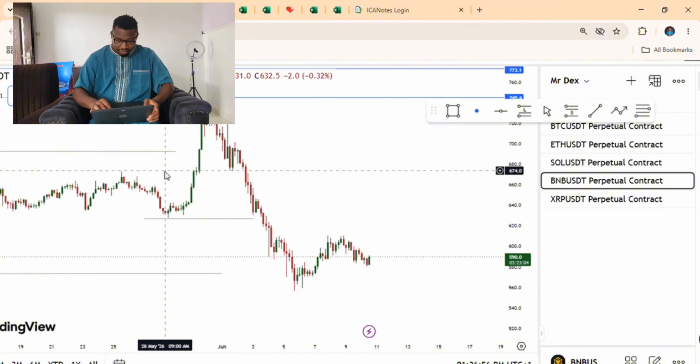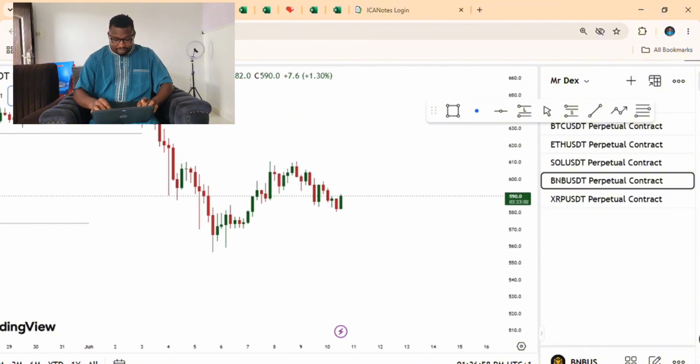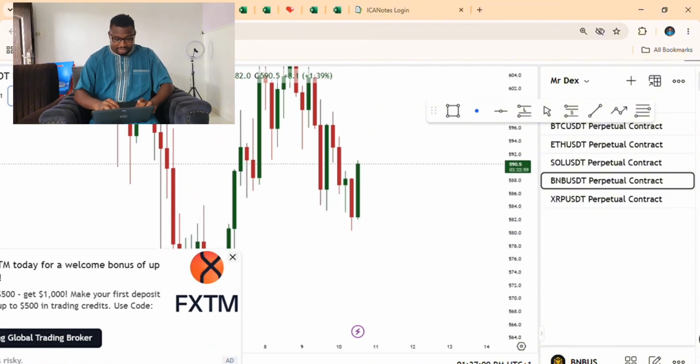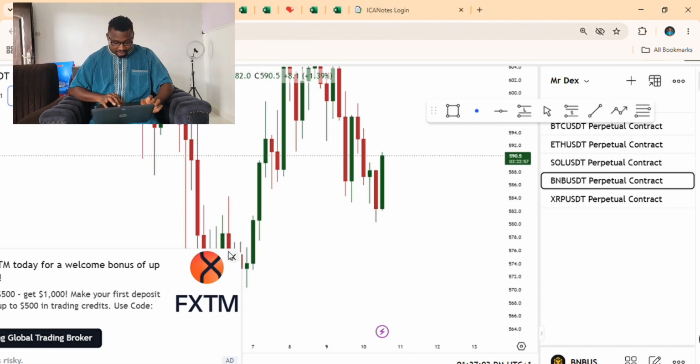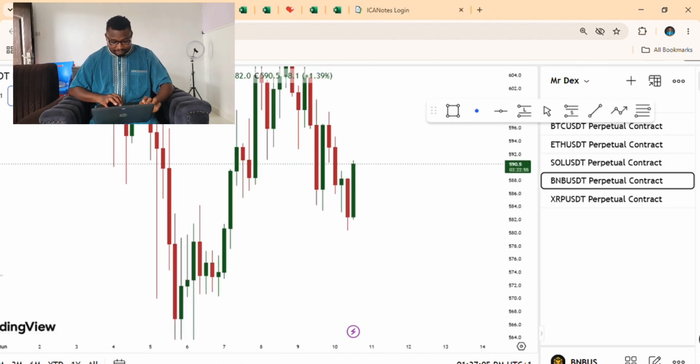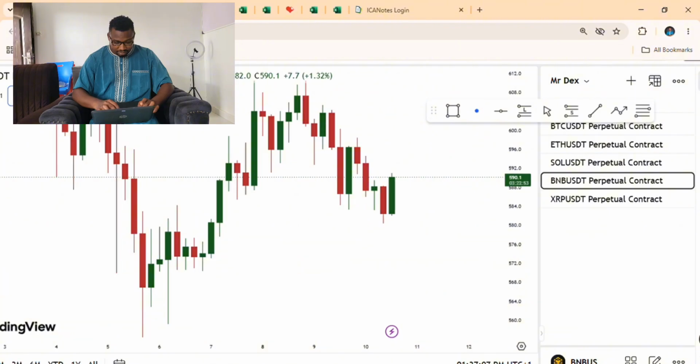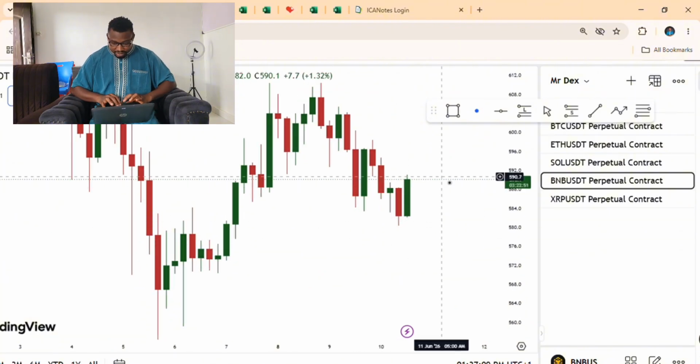Yes, so this is on the 4-hour time frame. Now this is what we call a fair value gap. Now you see this space, this distance.